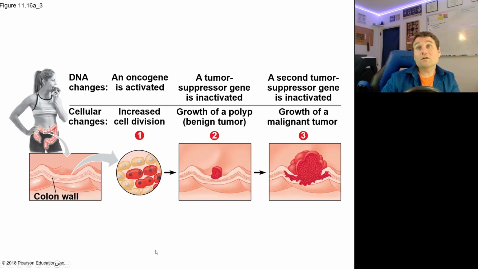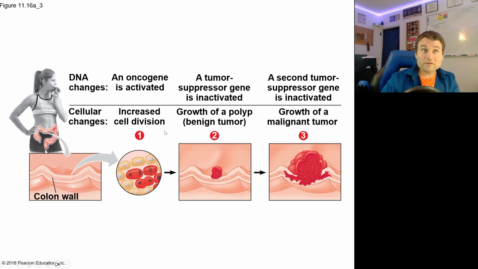So this is an example of how multiple mutations could lead to a really malignant tumor. We have the wall of a colon with a particular tissue type in it. A single mutation could cause an oncogene to become activated, and that would increase cell division.